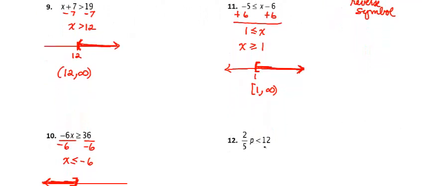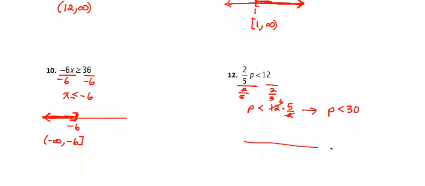2/5 p is less than 12, so we divide by 2/5. That's dividing by a positive number, so the inequality symbol stays the same. But to divide by 2/5 is the same as multiplying by the reciprocal, which is 5/2. So therefore we get p is less than: 2 goes into 12 6 times, and 6 times 5 is 30.